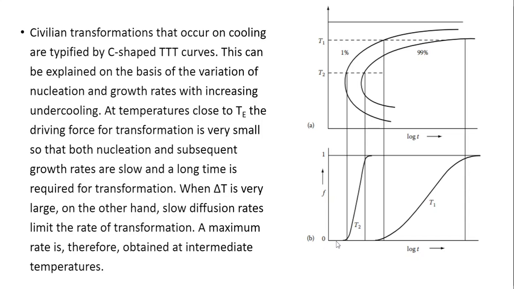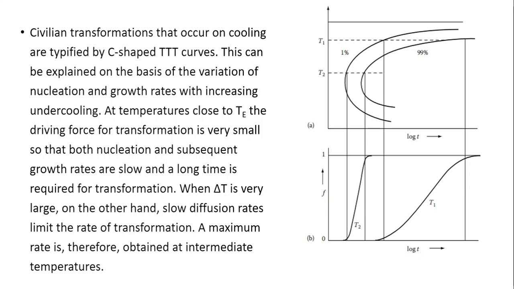A typical growth curve as a function of time is shown. Here F is the fraction transformed, the fraction converted into pearlite. F varies from 0 to 1, and this is plotted as a function of the logarithm of time of transformation. This shows two curves, one at a higher temperature T1 and another at a lower temperature T2.